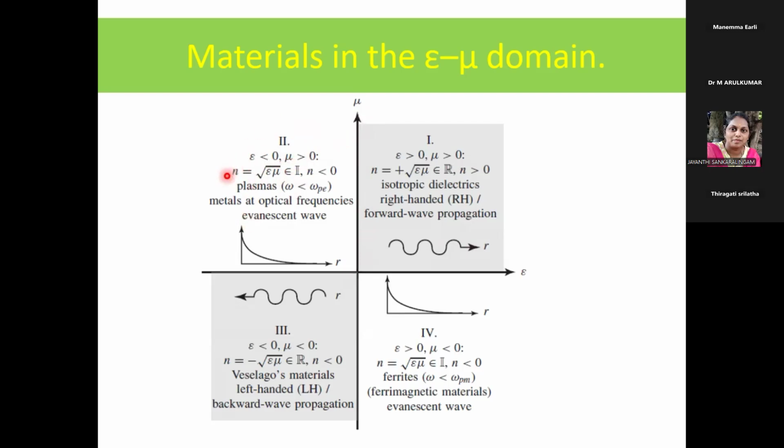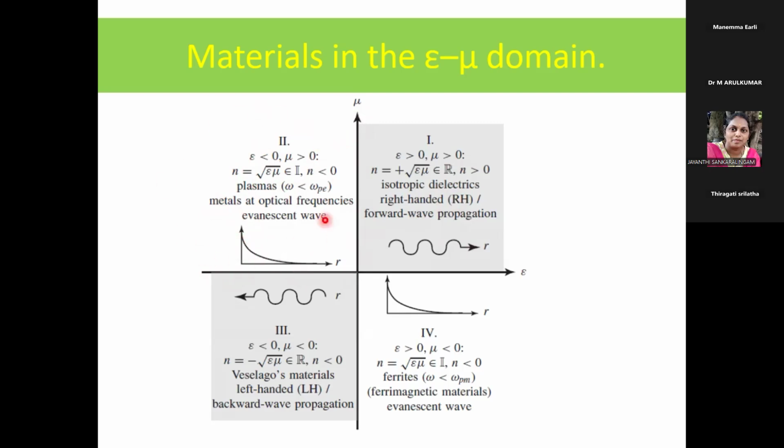The refractive index is also positive. But in metals the wave gets attenuated. You have only evanescent wave propagation in metals. So you will not have any electromagnetic wave propagation in the metals. You will have electromagnetic wave propagation only in the dielectric. The wave gets attenuated as it travels in the conductor.